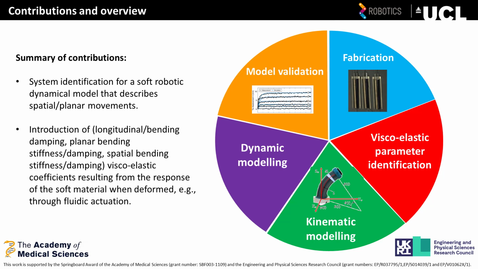These are visco-elastic forces resulting from the response of the soft material when deformed through fluidic actuation. The paper includes the fabrication process of the modified stiff flap manipulator, visco-elastic parameter identification, kinematic and dynamic modeling, and model validation.